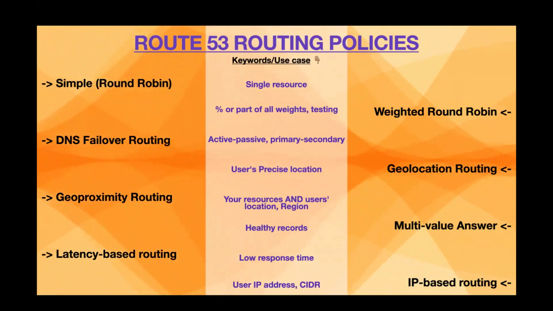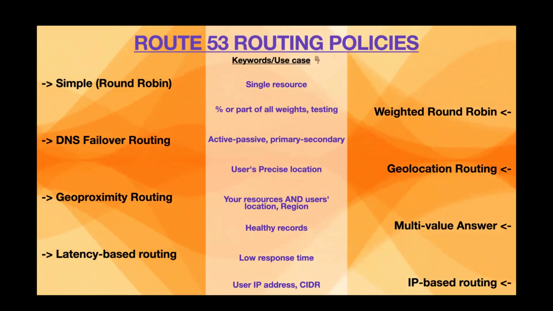You might see a question like: you have a 3-tier web application with a load balancer, and you would want customers' traffic to be routed to your load balancer. You are fronting it with Route 53.